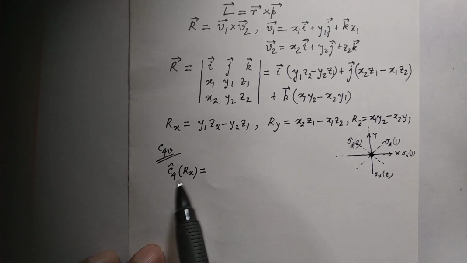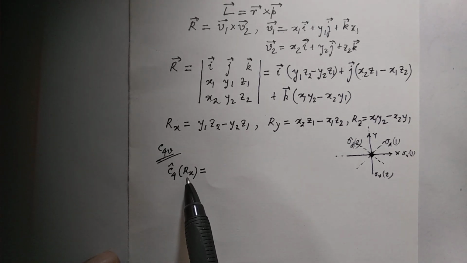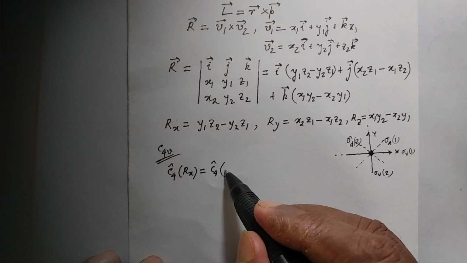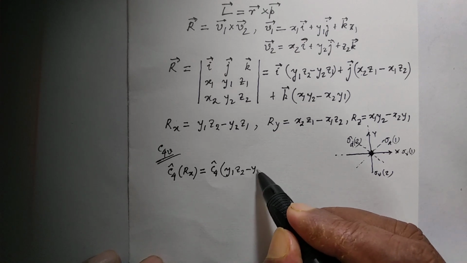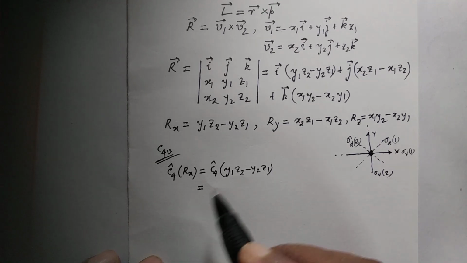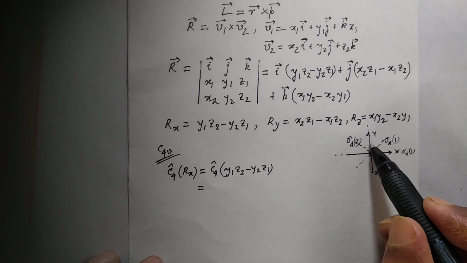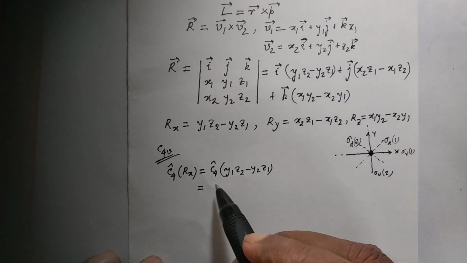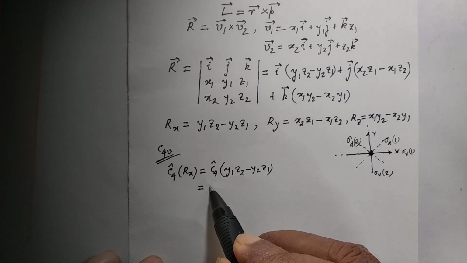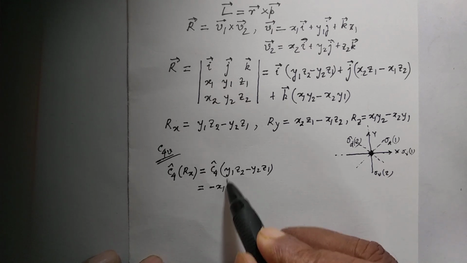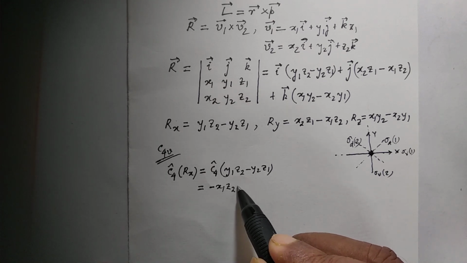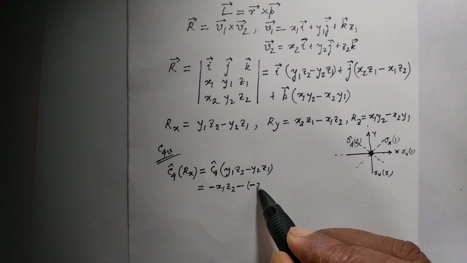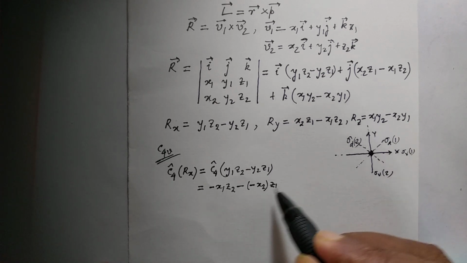Now what happens if C4 is applied on Rx? This means C4 applied to y1 z2 minus y2 z1. Y comes to minus x by C4 and z remains unchanged. Therefore from y1 we get minus x1, z2 remains unchanged, minus, from y2 we get minus x2, z1 remains unchanged.